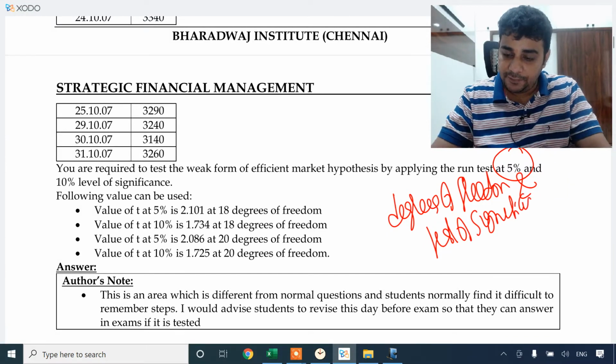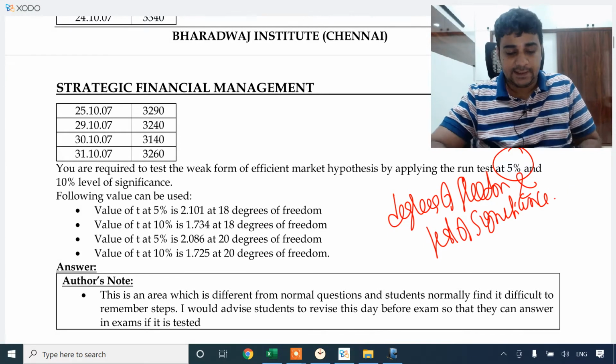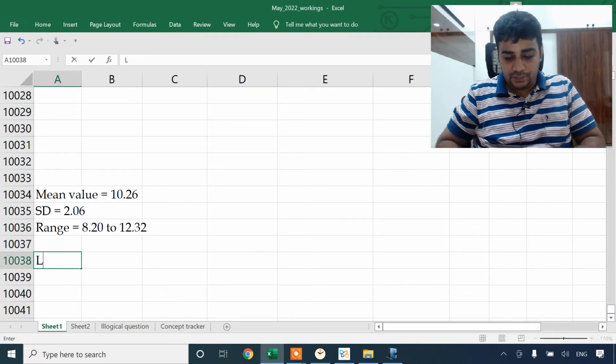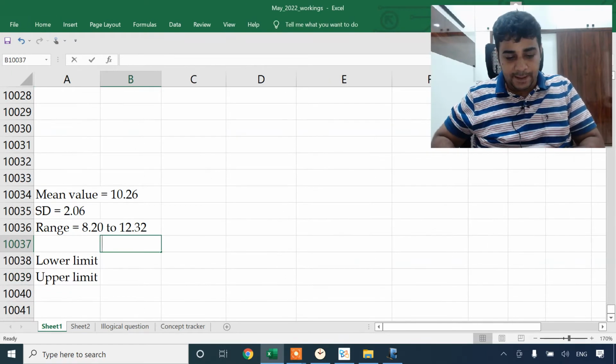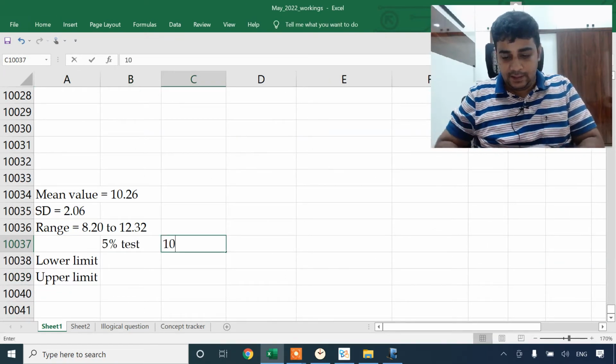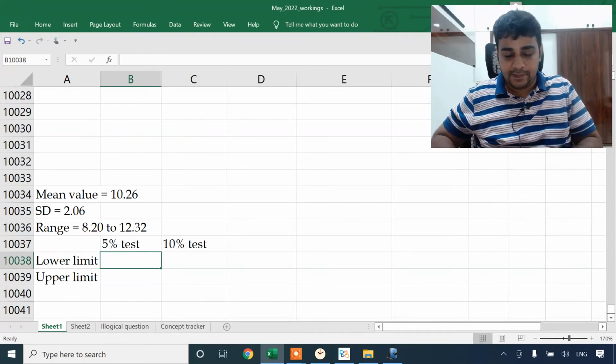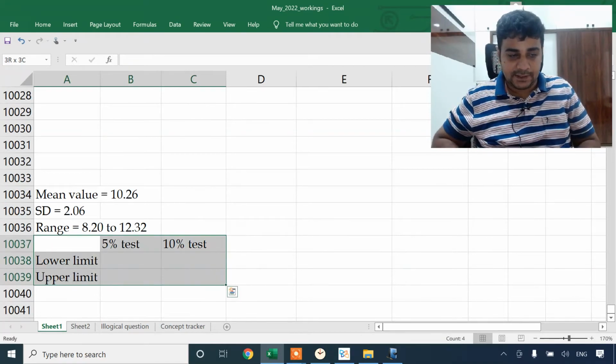So lower limit, upper limit, 5% test and 10% test.